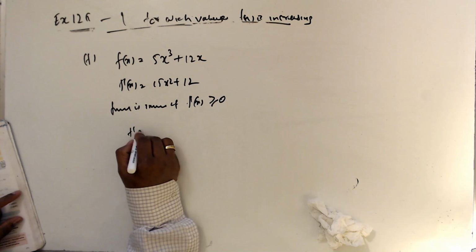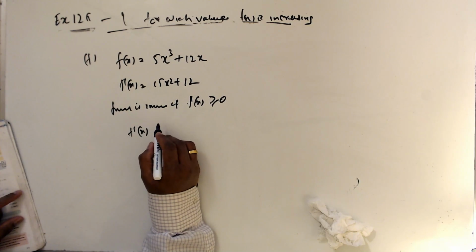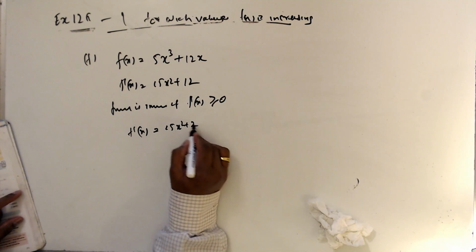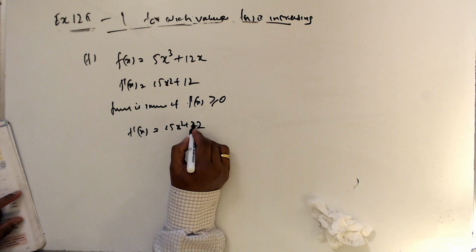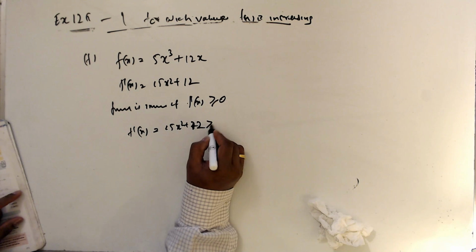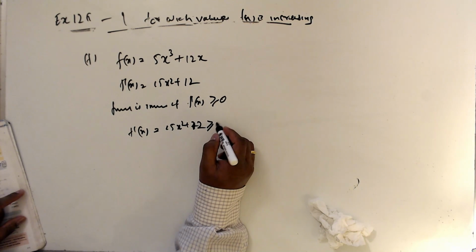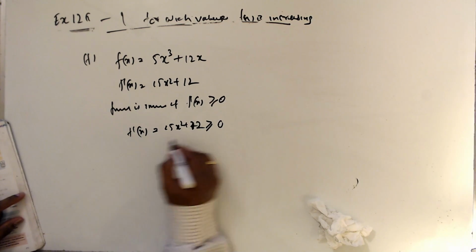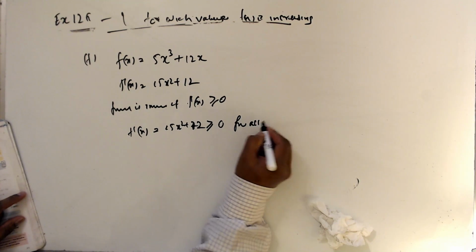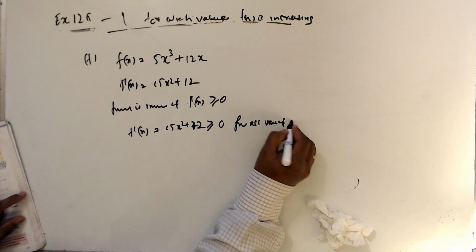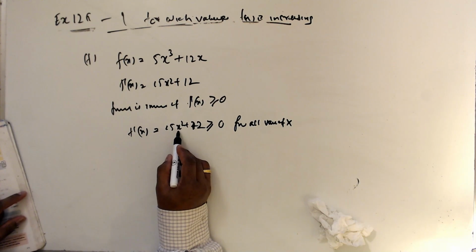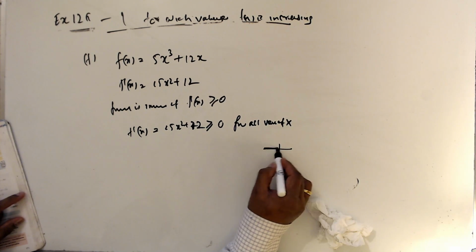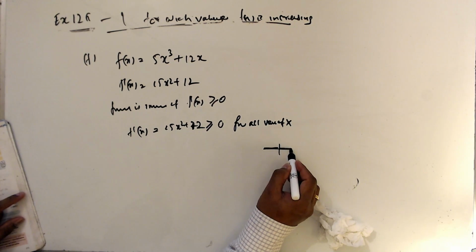So f dash x, 15x square plus 12, is greater than or equal to 0 for all values of x. Can you put any x value? We have two kinds of x values, one positive, the other negative.